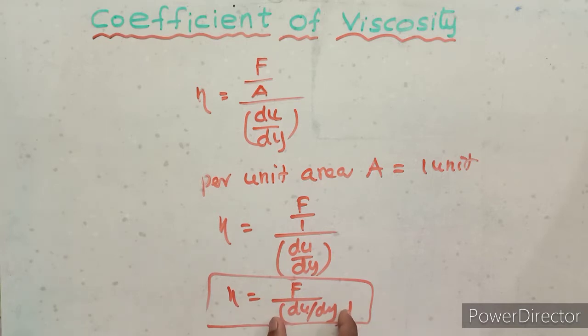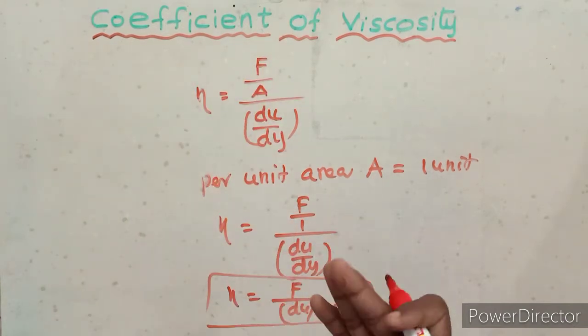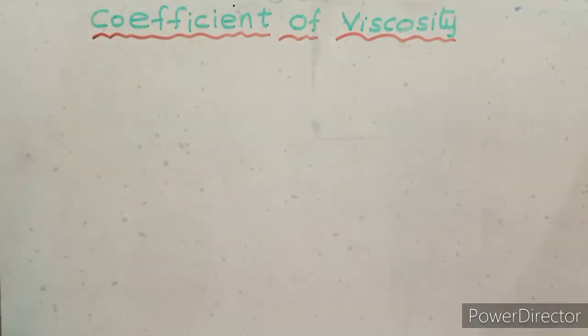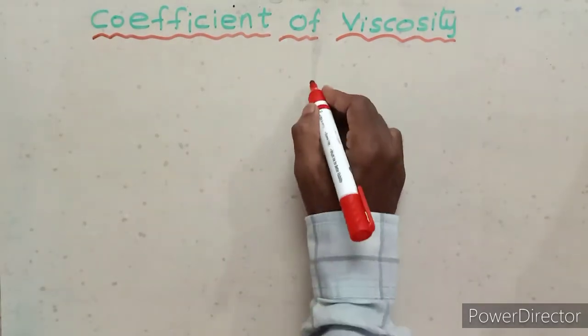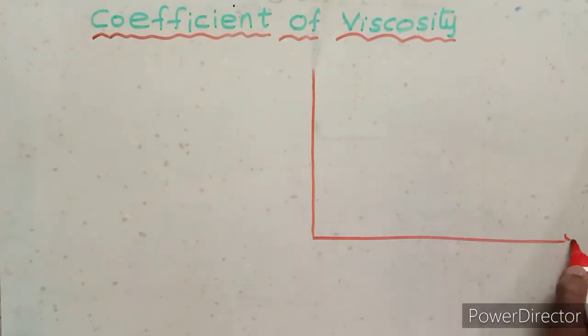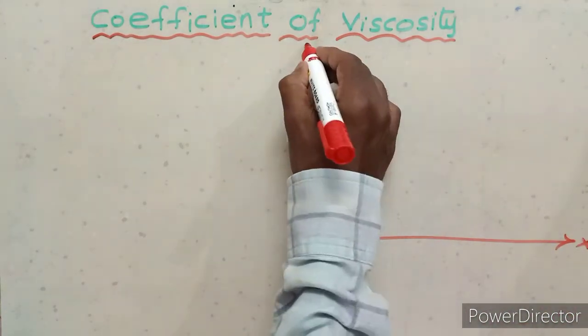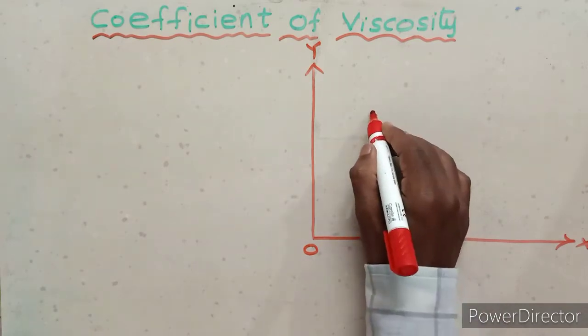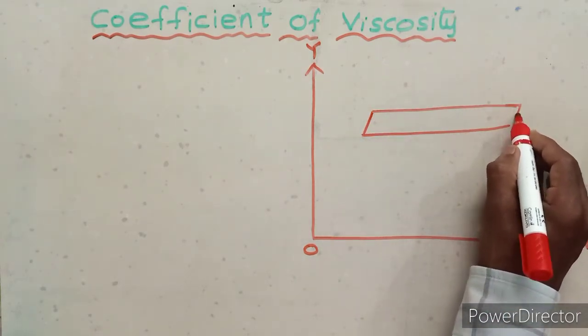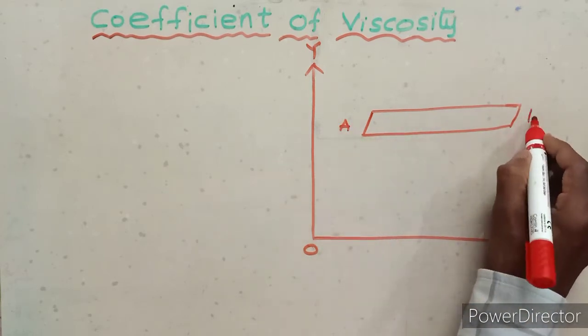Okay, so the coefficient of viscosity is explained by kinetic theory. So let us consider this is the plane, xy plane. This is the layer AB.